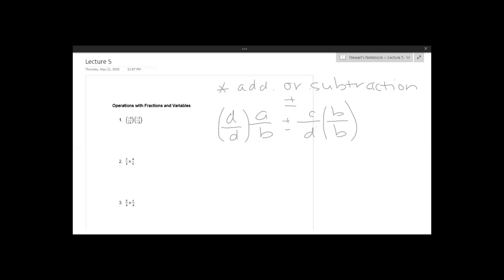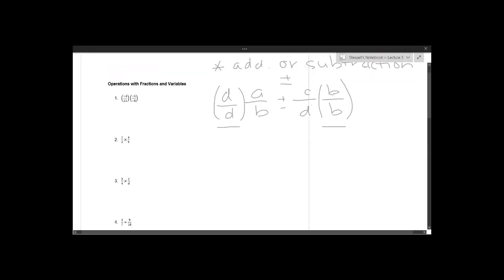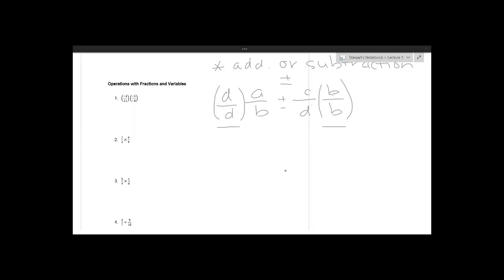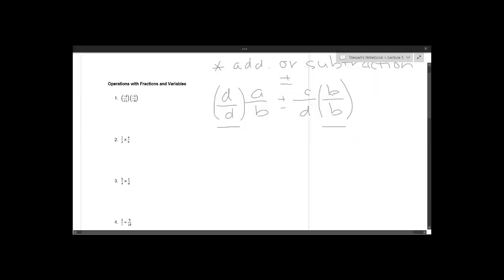When you think about d divided by d, it's a number divided by the same number, so that's going to give you 1. Same with b over b. This is essentially multiplying by 1, so it doesn't change the value of the fraction. It just changes how it looks so you can combine them as necessary.